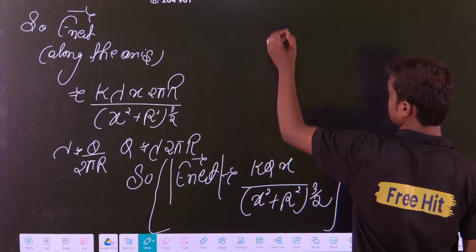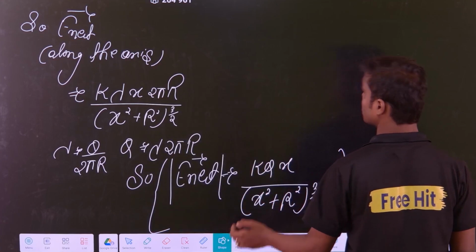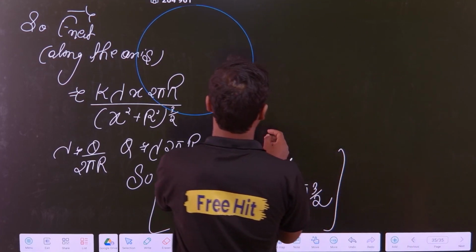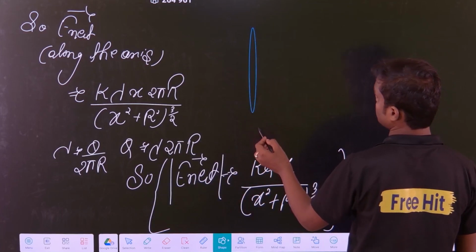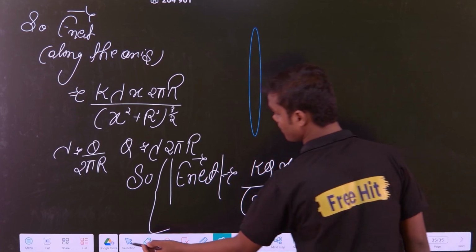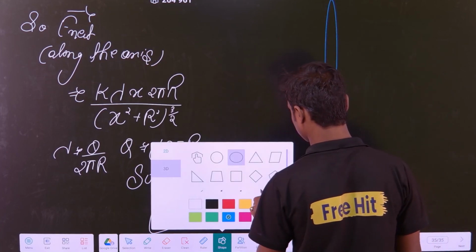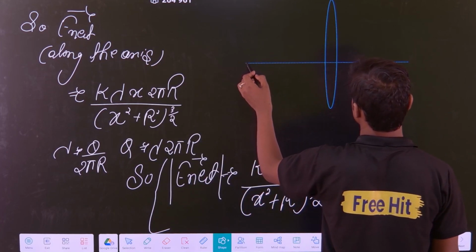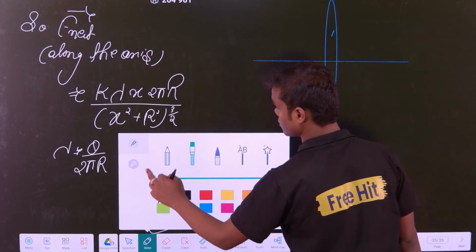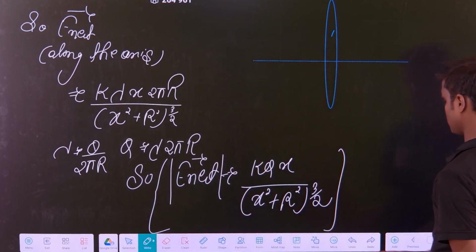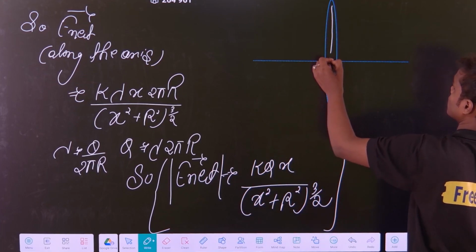So suppose I have a ring, and this is the axis of the ring, and suppose the radius of the ring is r.